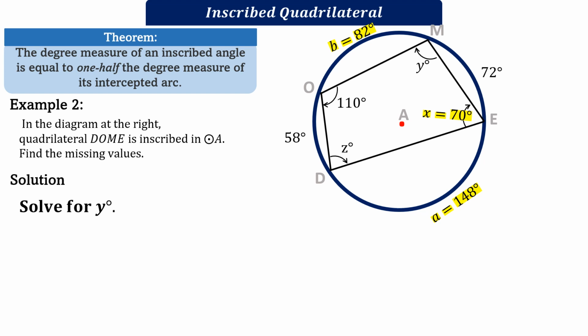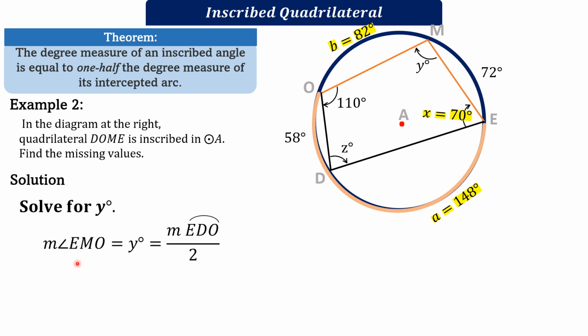Next, solve for Y. Y is the degree measure of angle OME or angle EMO or angle M. Applying the theorem that the degree measure of an inscribed angle is equal to 1/2 the degree measure of its intercepted arc, angle EMO is intercepting arc EDO or ODE.